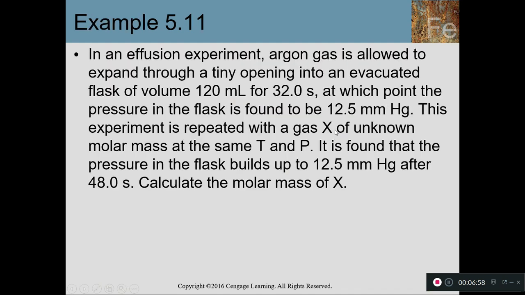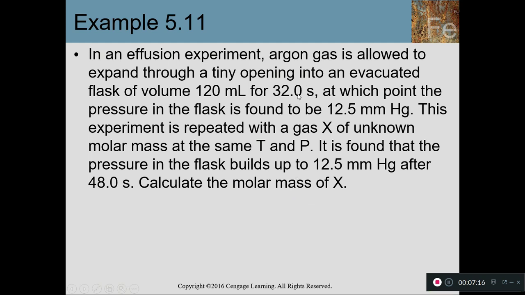I take another gas in another container, exact same size, exact same temperature, exact same pressure, and this time I allow the gas to build up that 12.5 millimeters of mercury, but now it takes 48 seconds. We're going to use that information to calculate the molar mass of the second compound.